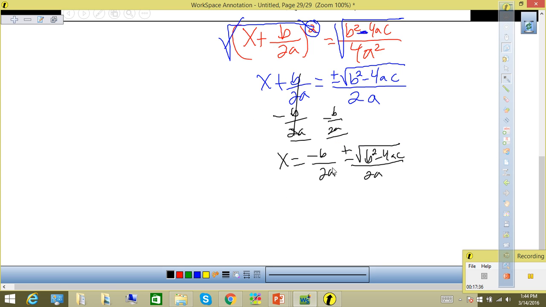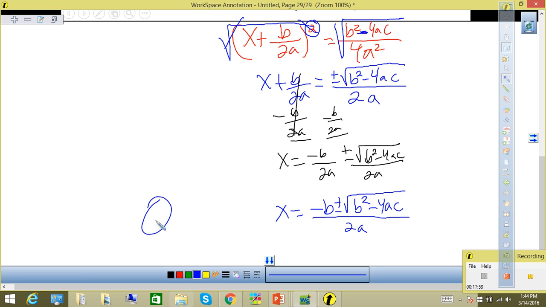But we have two fractions. Do they have a common denominator? Yes. So therefore, what do we end up with? x equals minus b plus minus square root b squared minus 4ac over 2a. And that's our quadratic formula.